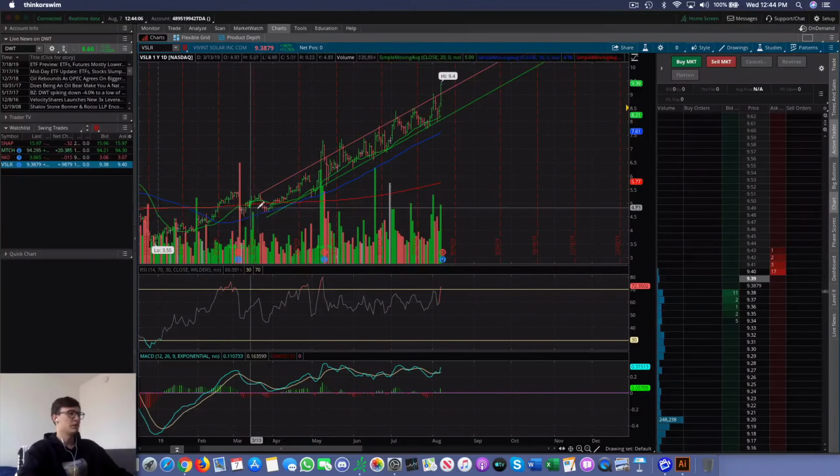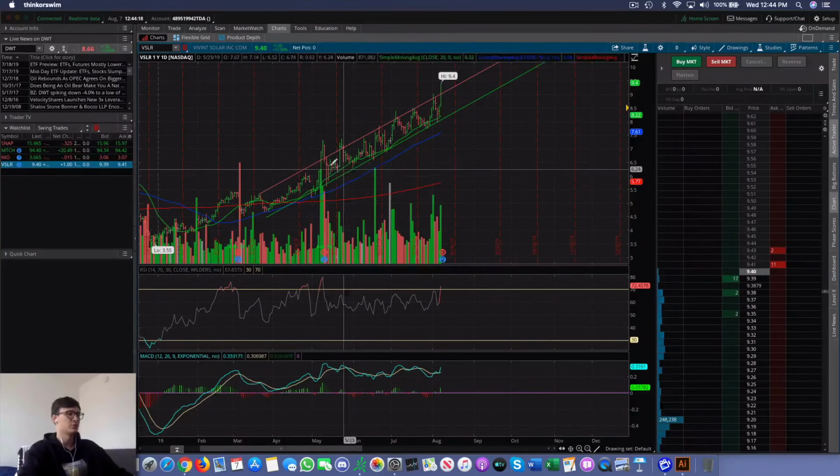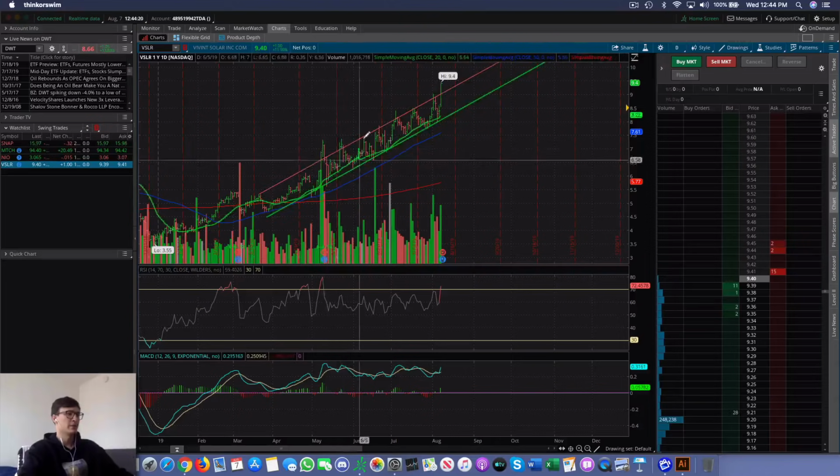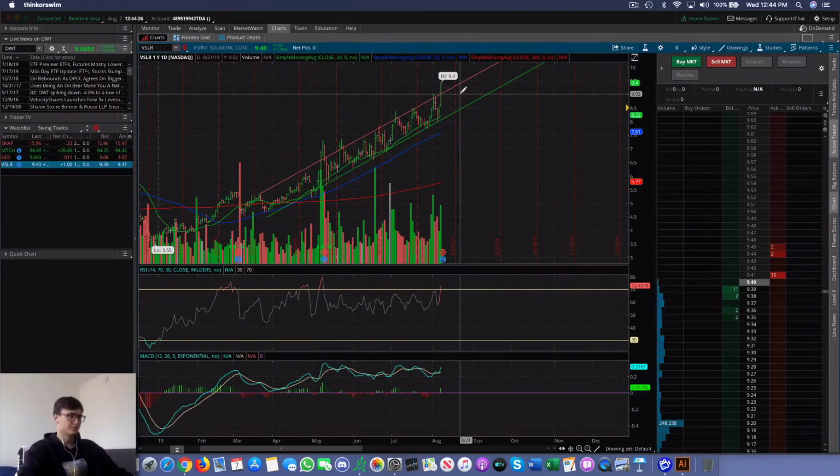As you can see, since April of last year, the stock is uptrending and bouncing in between the resistance line, which is the red line, and the support line, which is the green line. It's very predictable, and I can say that it's a very good, safe investment.